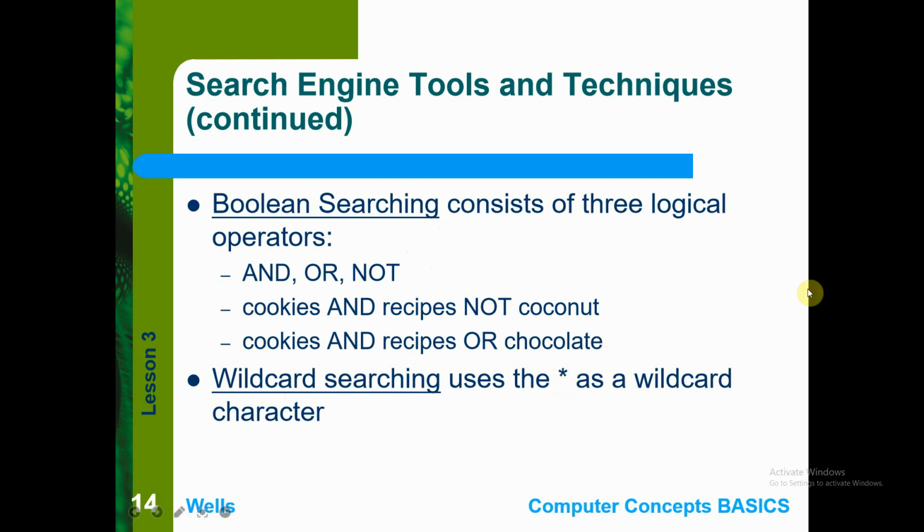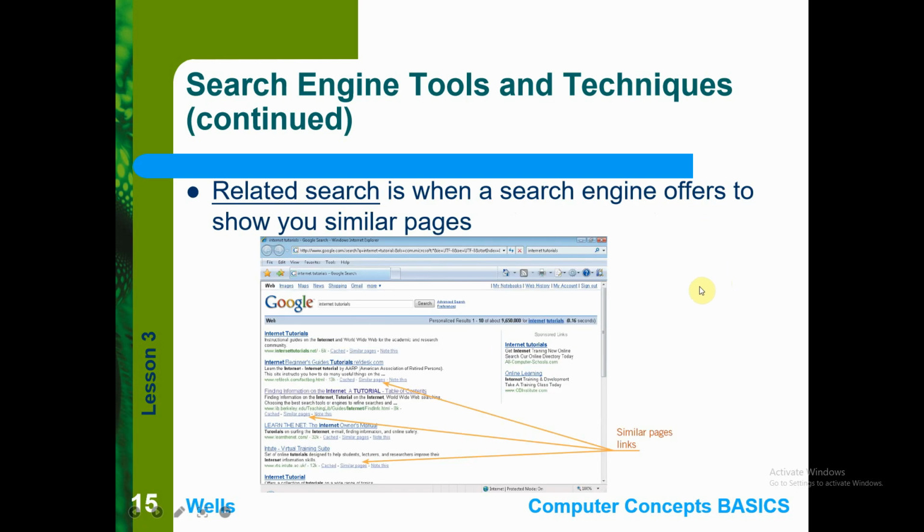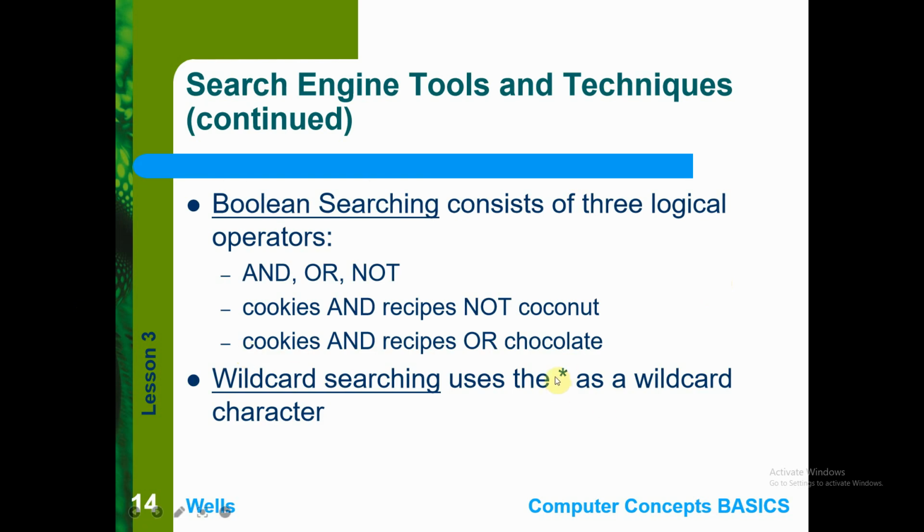So in this example, for instance, with cookies, you add a wildcard character so that any other words or group of words or phrases that come with the term cookies will be added to the results. So a lot of keywords will appear, all of the related keywords to cookies.